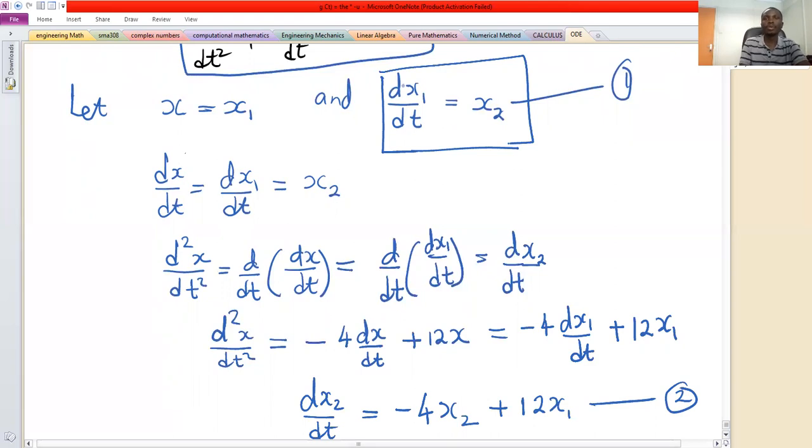So you see now, in equation 1 we have the first order derivative dx1 dt, and in equation 2 we have the derivative dx2 dt.